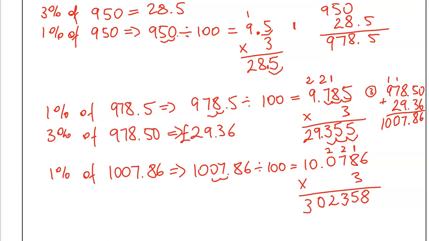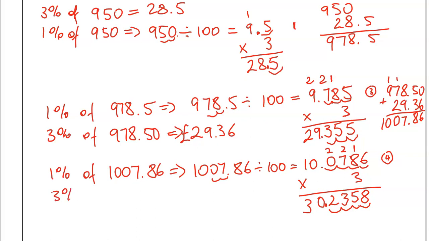Looking at the two numbers, the first one has 1, 2, 3, 4 decimal places, whereas the 3 itself doesn't have any because it's a whole number. So we're going to give the answer 4 decimal places. So going backwards, 1, 2, 3, 4: 30.2358.